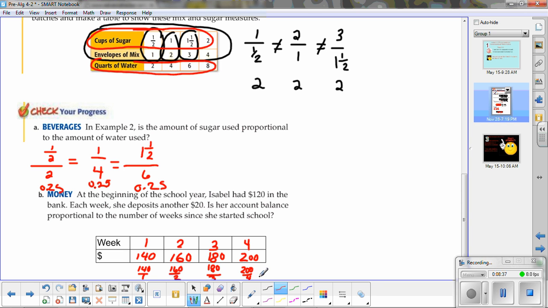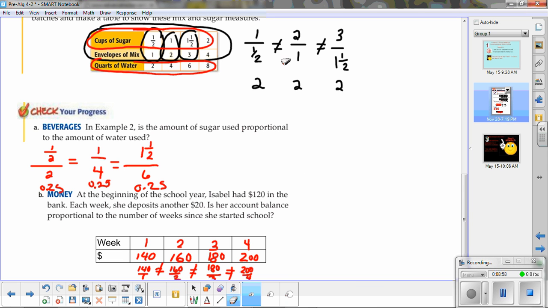If you were to simplify these ratios, you would get 140, and then for this one you would get $80 per week. This one you would get $60 per week, and this one would be $50 per week. Those are not equivalent ratios, so therefore it's not a proportional relationship.